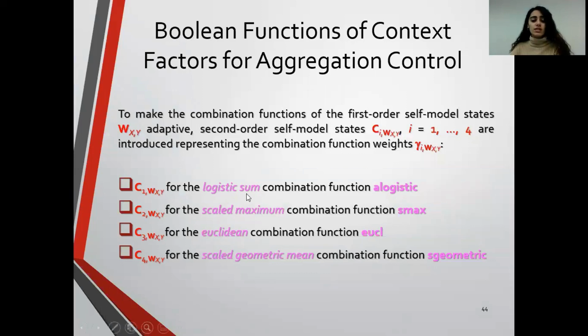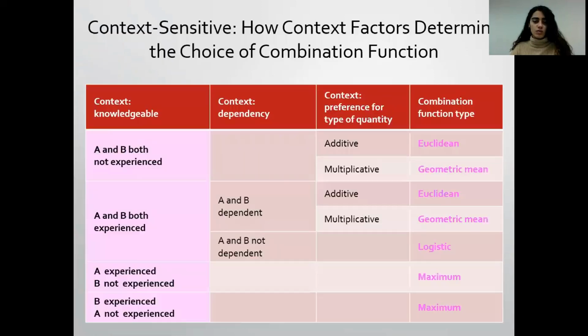We have the logistic sum function, scaled maximum function, Euclidean function, and scaled geometric mean function. Actually, the model will choose these functions in terms of the context. It will be context-sensitive selection of combination functions in this model. How did we do it?